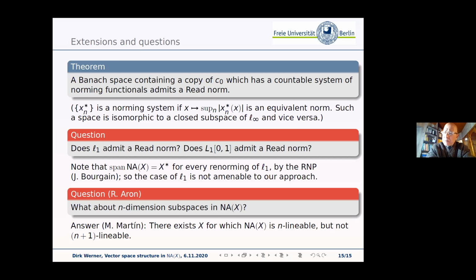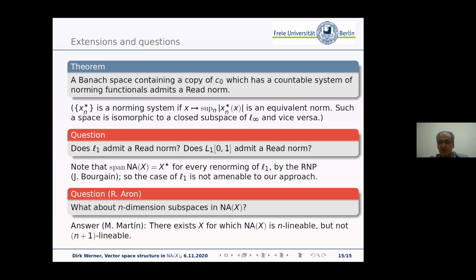And how about this property for the Lipschitz dual of a Banach space? I don't know, but maybe someone in the audience knows more about this. Thinking of Vova, do you know anything about this?